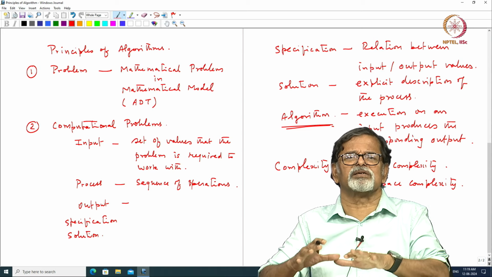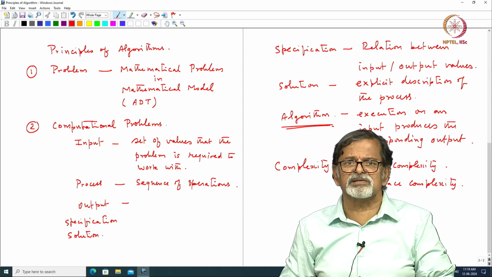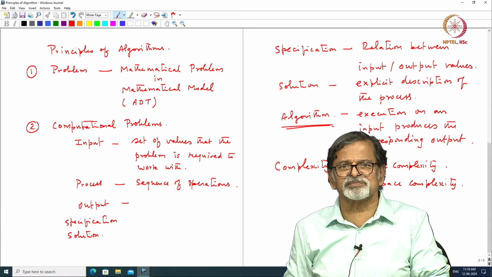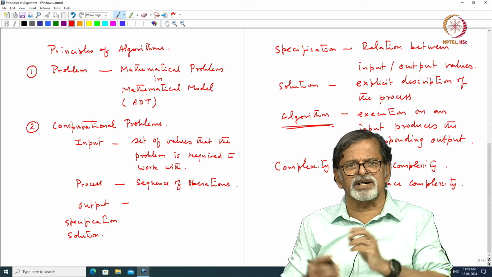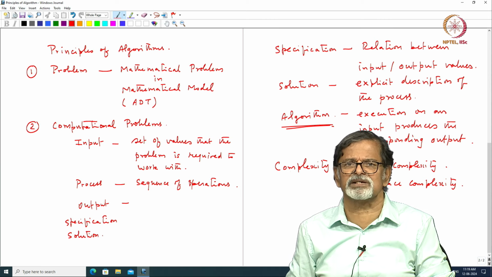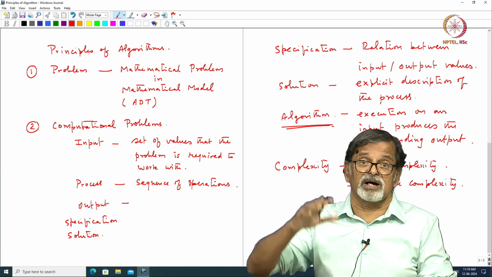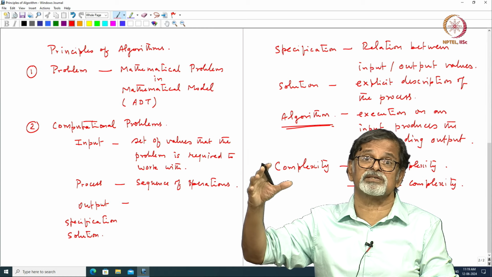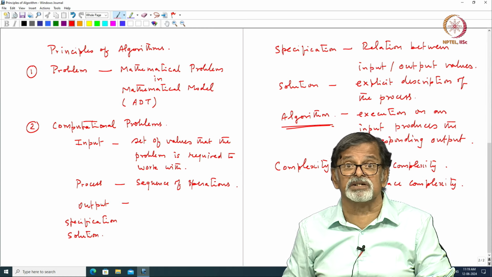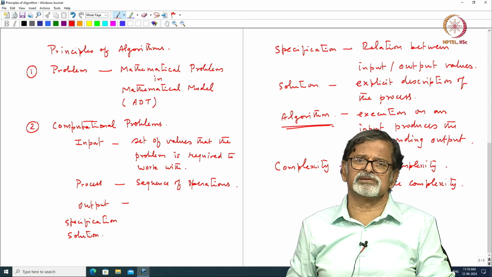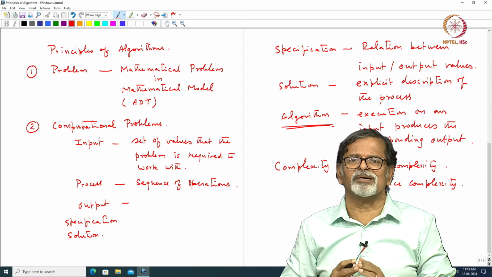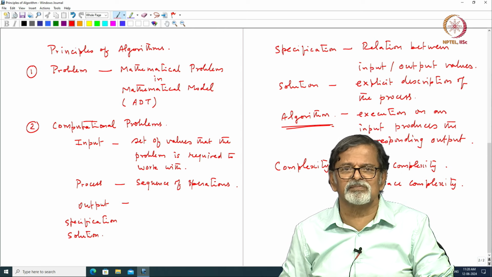For most part of our discussions, we will focus on time complexity. Occasionally we may discuss space complexity. There are other situations, algorithms, problems and solutions where other complexity measures are to be used, but we are not going to use them. We focus primarily on time complexity.